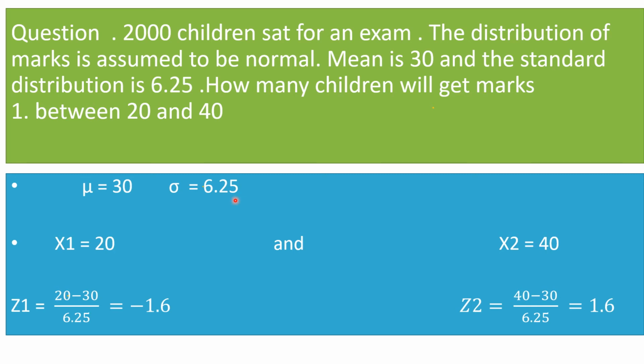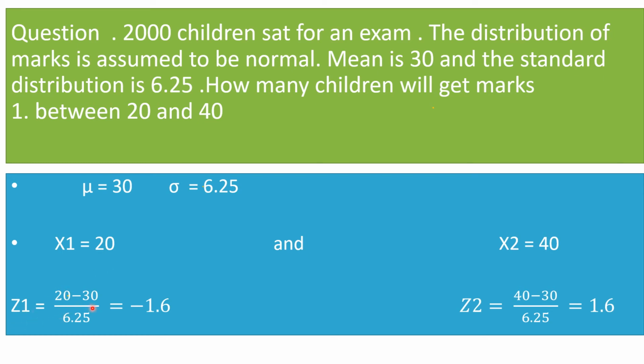Now the constraint x. In the previous question, just one value of x was given. Here, two values are given between 20 and 40. So you are getting x1 is 20 and x2 is 40. On these terms, you will be getting two values of z because there are two values of x. So calculate z1 using the same formula.